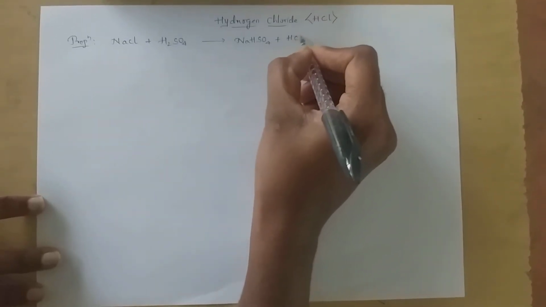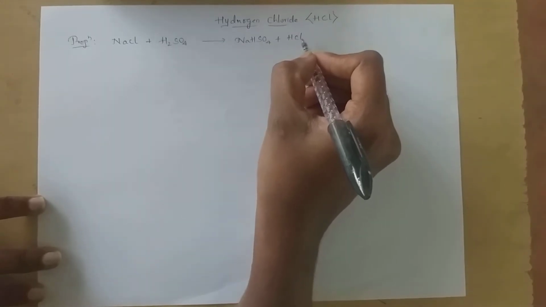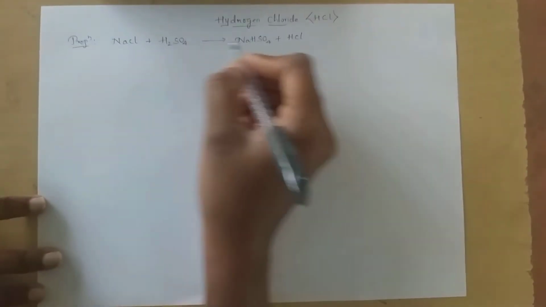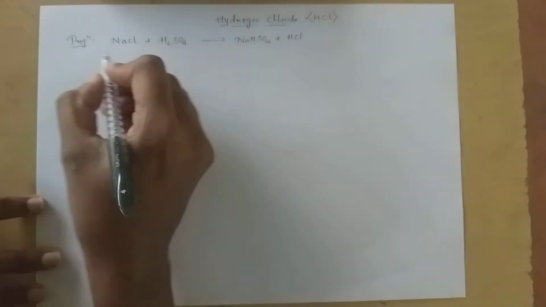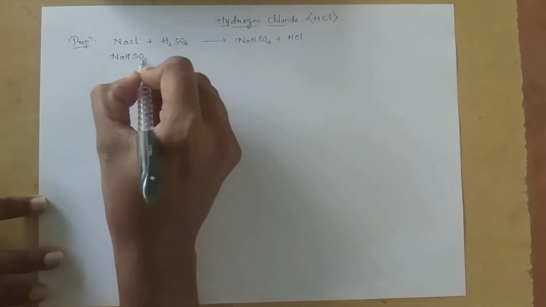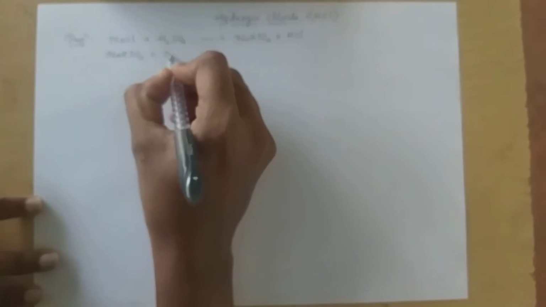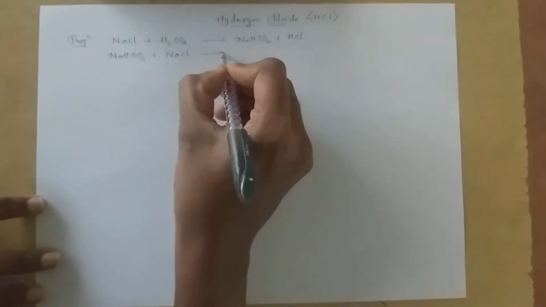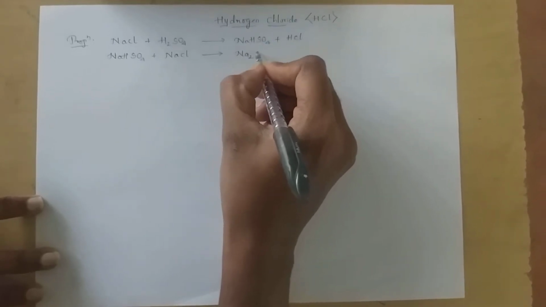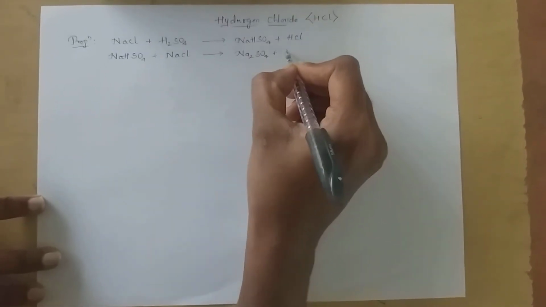So HCl, we are going to get a byproduct. Okay? So we are going to heat sodium chloride in presence of concentrated H2SO4, we are going to get HCl. Similarly, sodium bisulfate undergoes heating in presence of NaCl, we are going to get sodium sulfate and HCl.